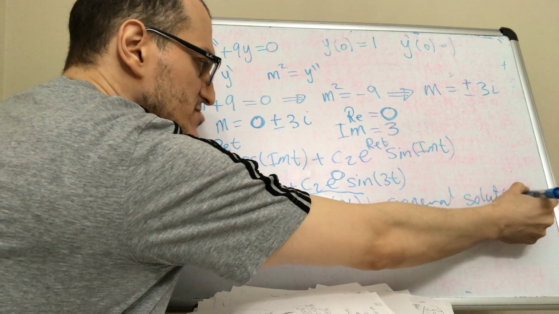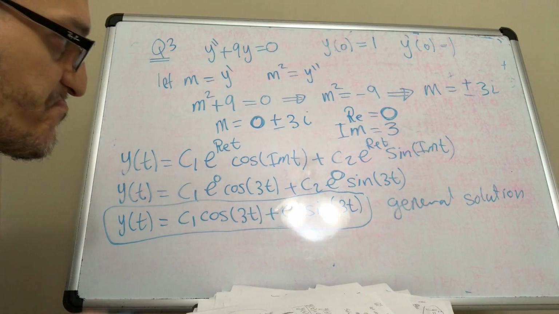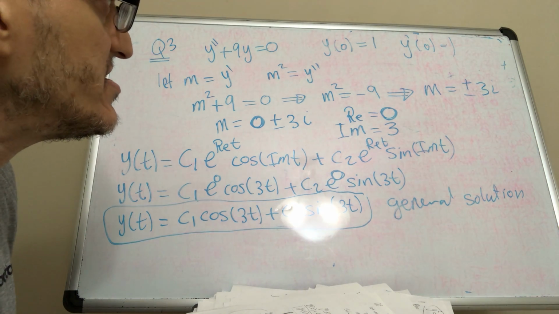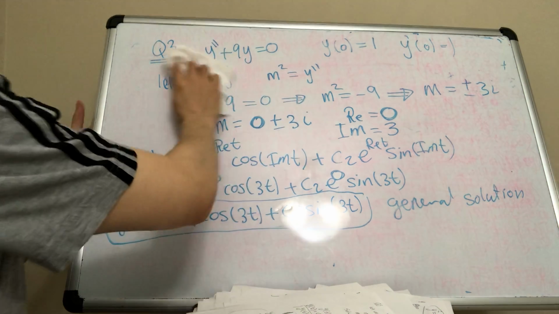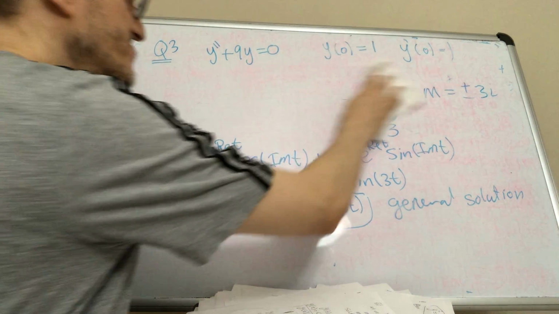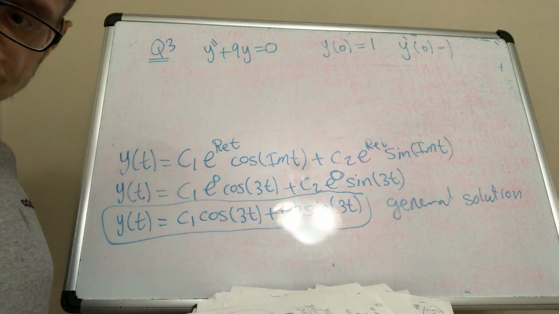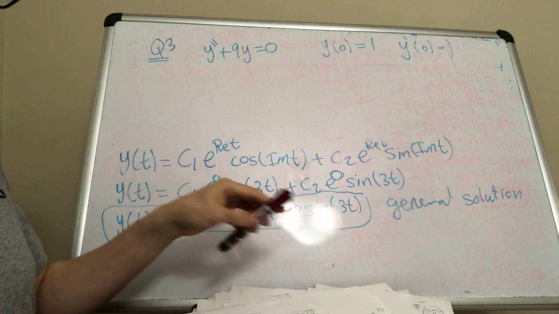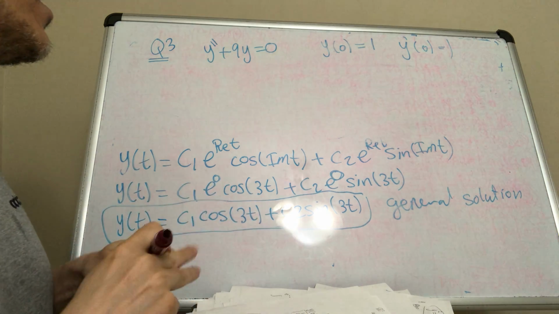When we say general solution, it means that you have a C1 and a C2 with it. But now, they give you initial conditions to figure out what the answer is. So, let's see if we can figure out what the value of the constants are.